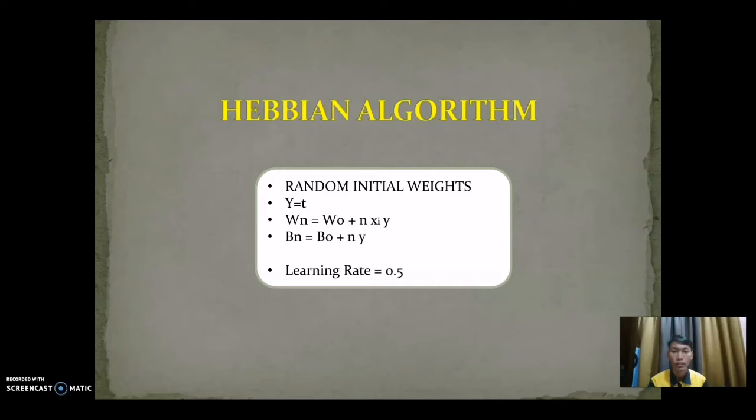The second one is y equal to t. The third one is w new equal to w old plus n times xi times y, and for b new equal to b old plus n times y. For this task, we assume that the learning rate is equal to 0.5.